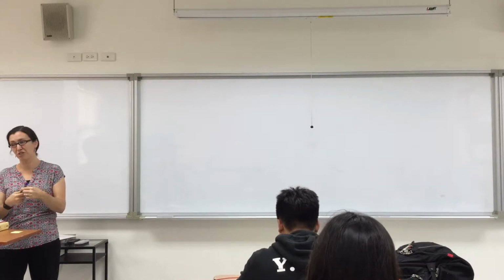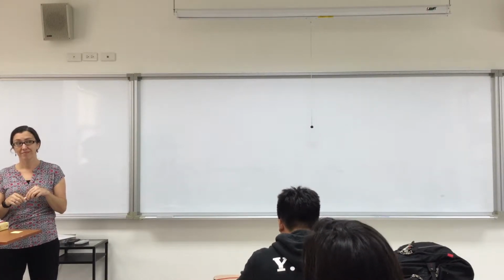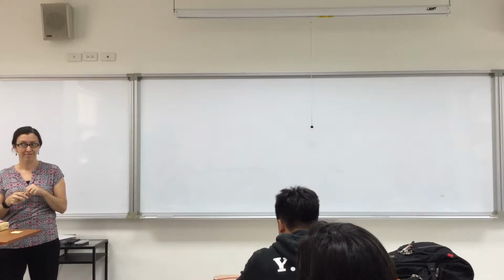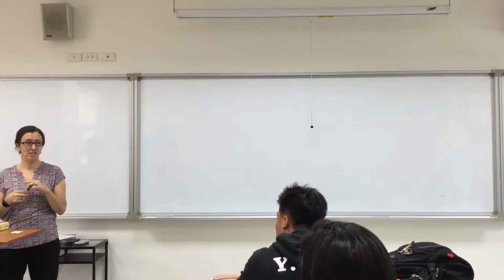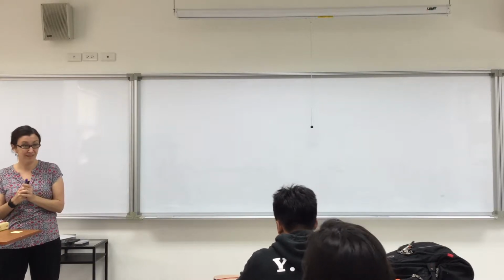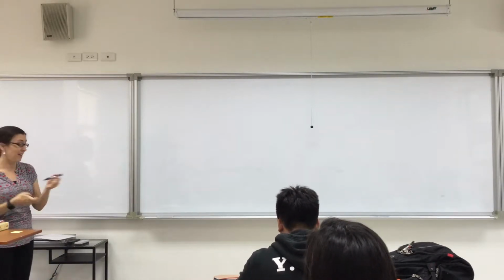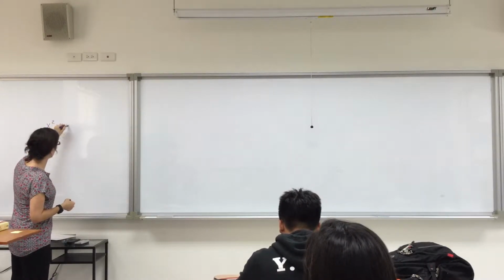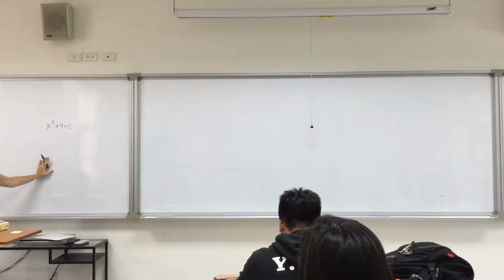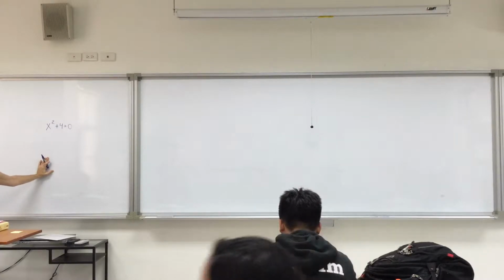What does a complex solution look like on a graph? Can you see complex solutions on graphs? If I gave you x squared plus 4 equals 0 and said solve, does that have a real solution or a complex solution? Complex.